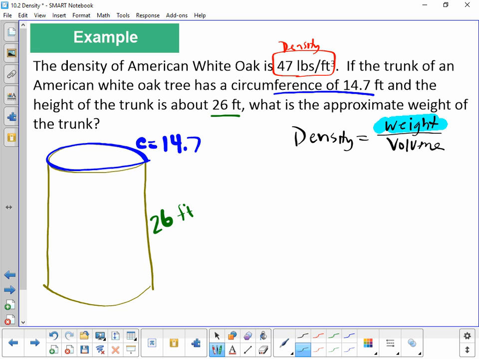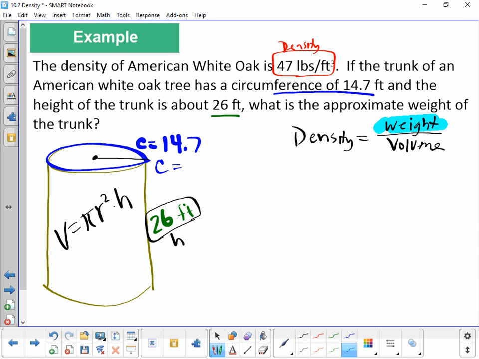Well, a tree trunk is about a cylinder, and the volume of a cylinder is just pi r squared times h, a circle times a height. Well, we have the height is 26, and now we just need to know what the radius is. It didn't give us the radius directly, but it did give us the circumference.